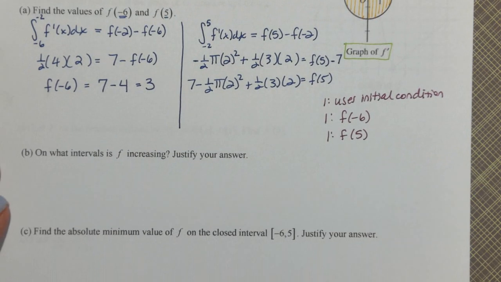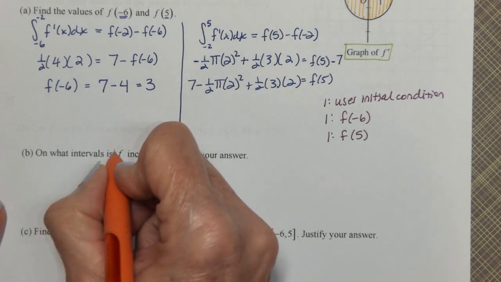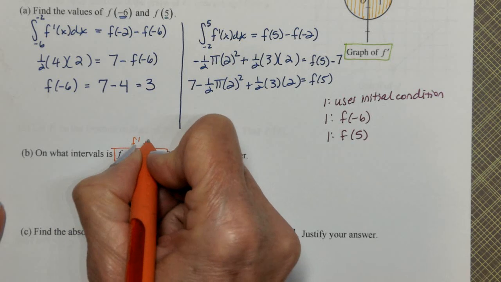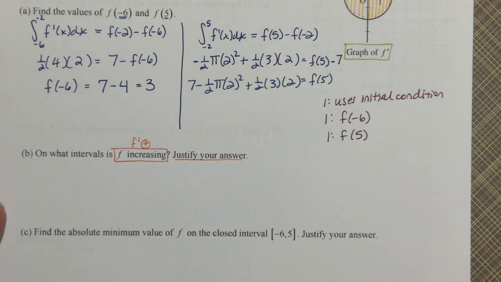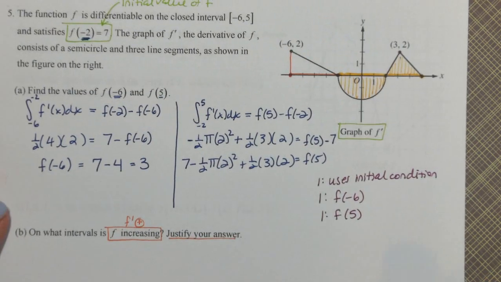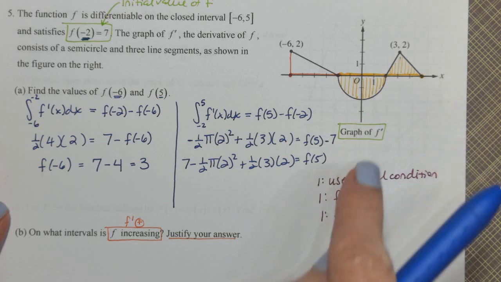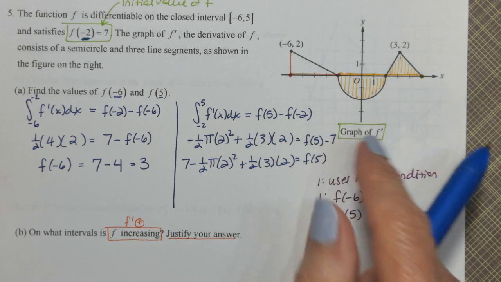Part B. On what intervals is f increasing? Well, in any function, f is increasing when f prime is positive. That will be our justification, f prime positive. Well, this is the graph of f prime. Where is this graph positive? This graph is positive wherever it is above the x-axis.